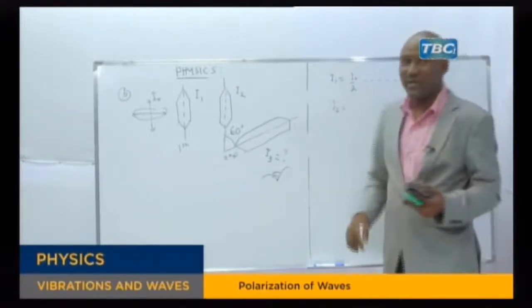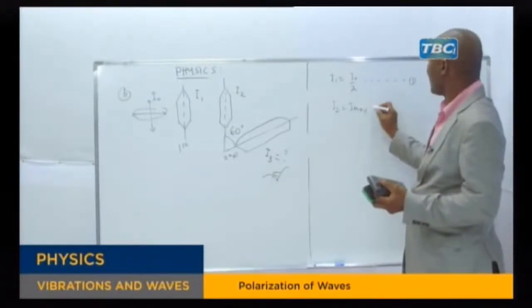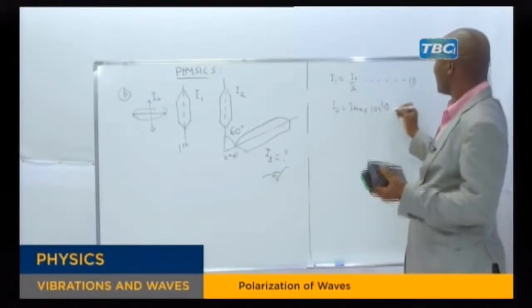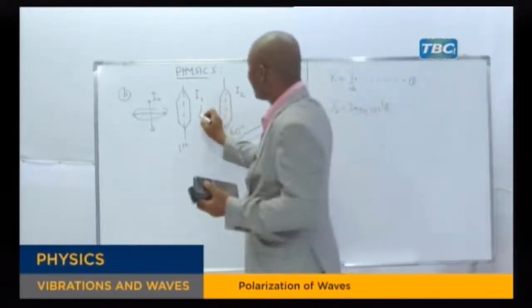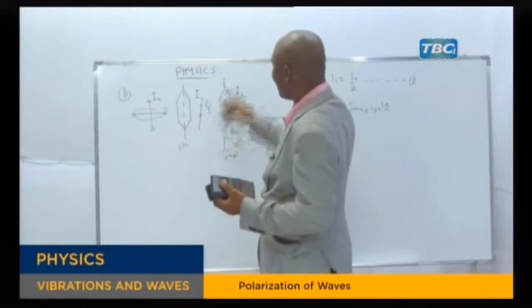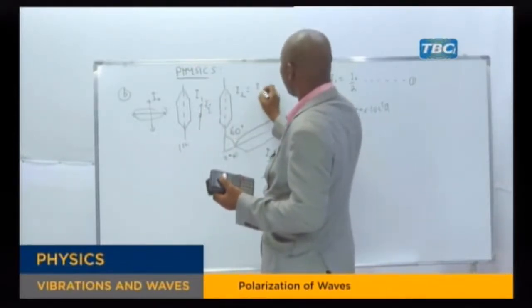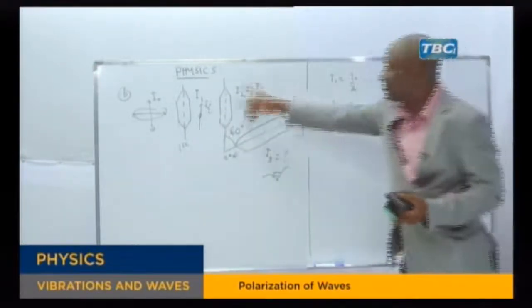What's I2? You can use the formula, I maximum cos squared. This is the same arrangement here, because what should be absorbed here is one of the components, and this is also parallel. It will be the same as half, but you can check. The angle between them is 0, because they are parallel.